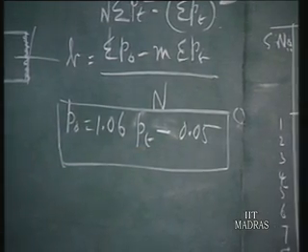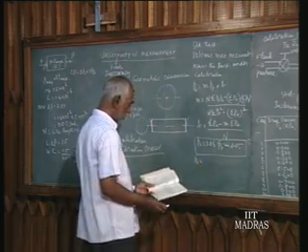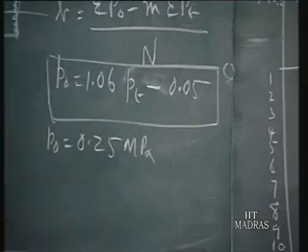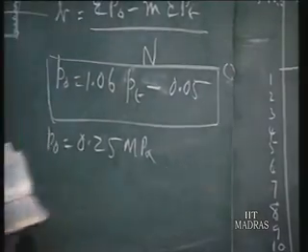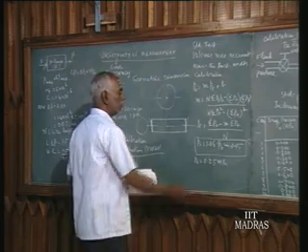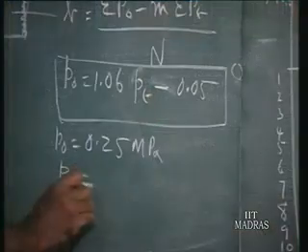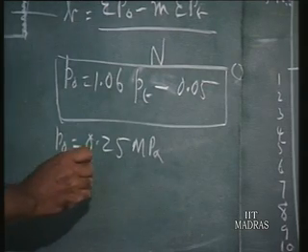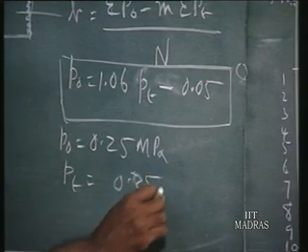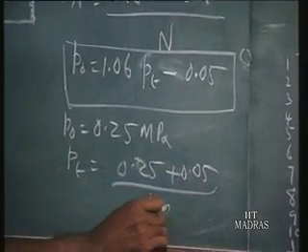For example, if p0 is equal to 0.25 megapascal, that is, when we are using the instrument to measure an unknown pressure, the instrument gives a reading of 0.25 megapascal, then the corresponding value of pt is equal to p0 plus 0.05 divided by 1.06.